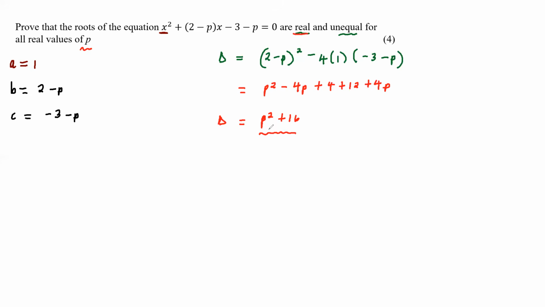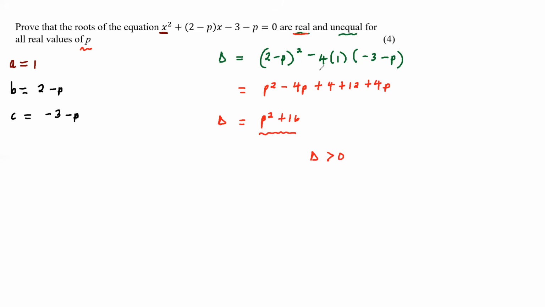There's never a time that you're going to get a negative answer for whatever value of P that you put. So there are definitely real roots. The discriminant is greater than 0, and the roots will definitely also be unequal. So that's how you show it there.